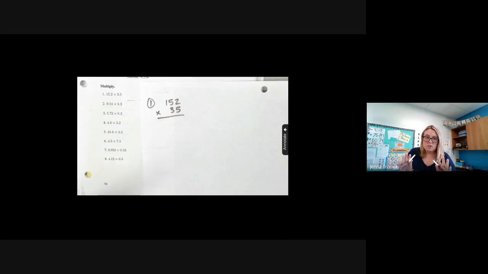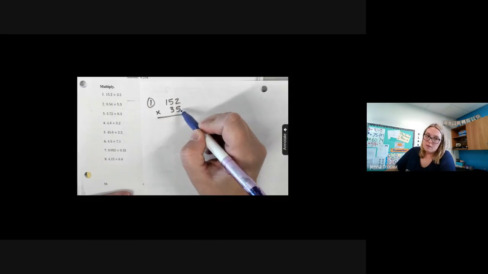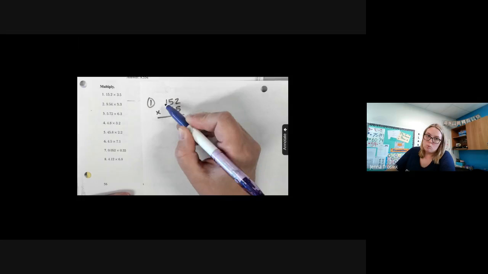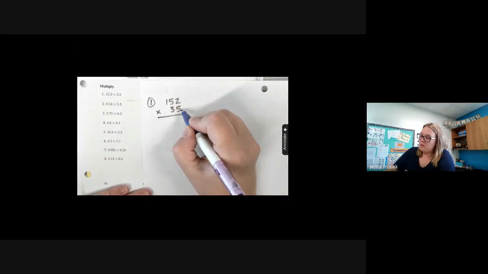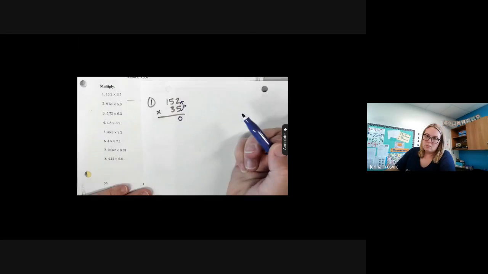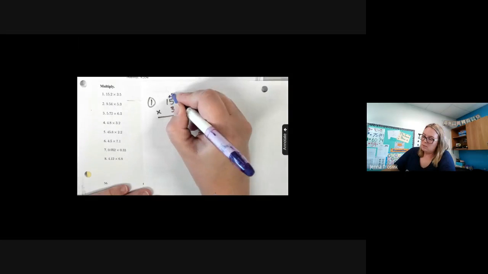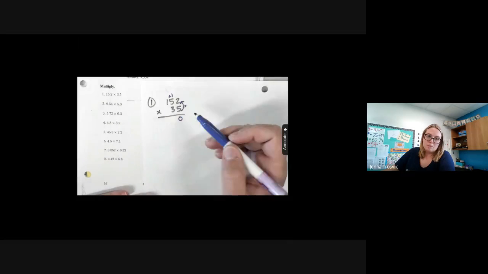All right, traditional algorithm, we can only go one number at a time in the second number. So I'm going to start with the 5, and I'm going to multiply it by each piece one at a time, okay? It's going to look kind of crazy at first. So 5 times 2, I know is 10. My 0 goes down below, and I carry a 1 above the 5, my next number, because that's the next number I'm going to multiply by.